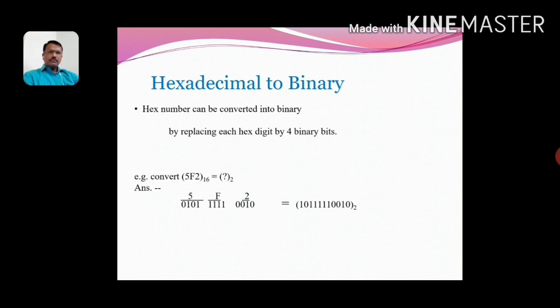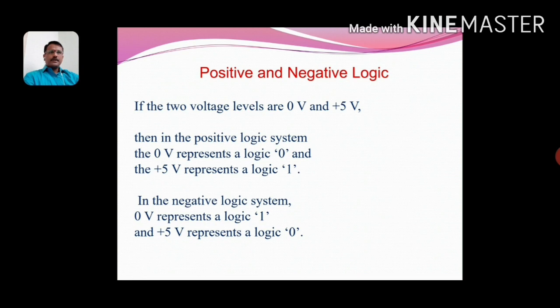For example, 5 means 0101, F means 1111, 2 means 0010. So the equivalent binary number of the given hex is 10111110010. So by using this method we can convert binary to hex and hex to binary.